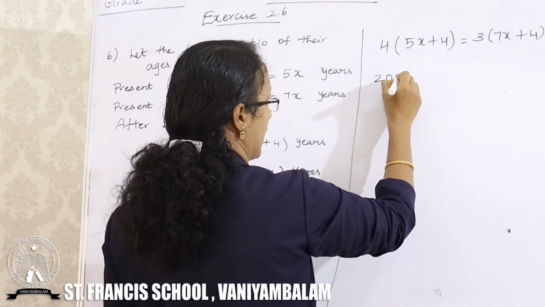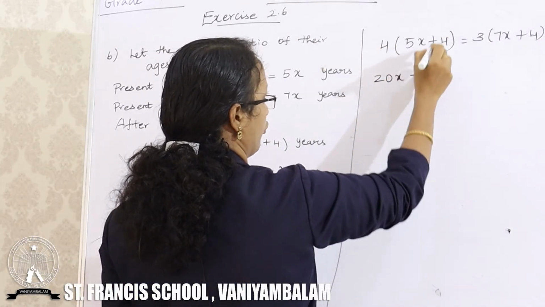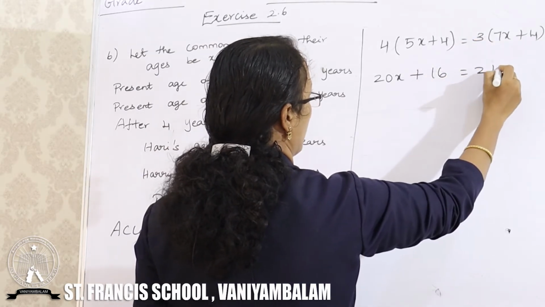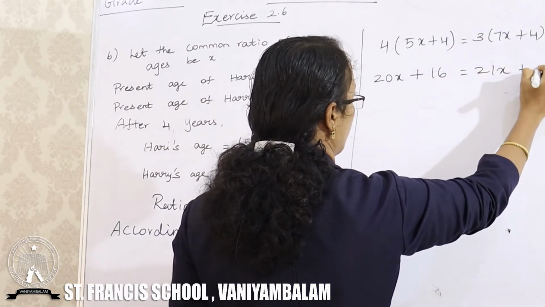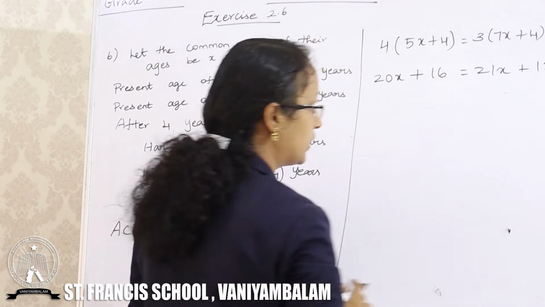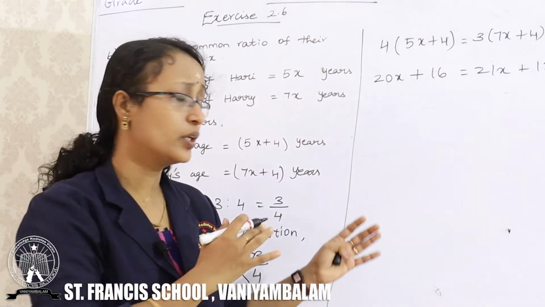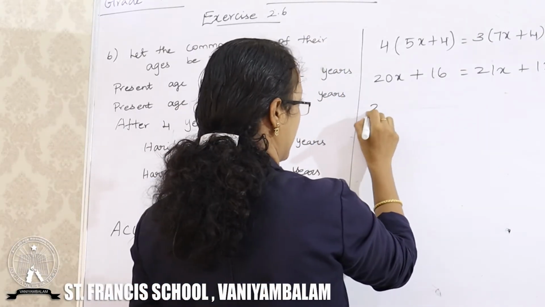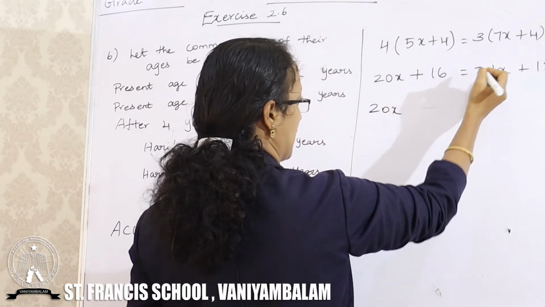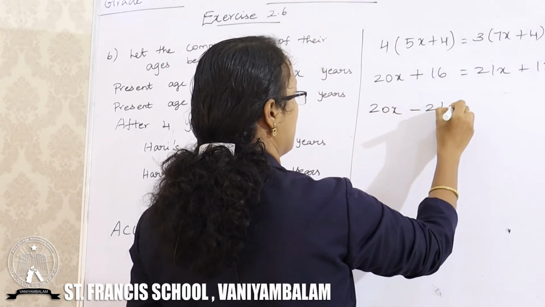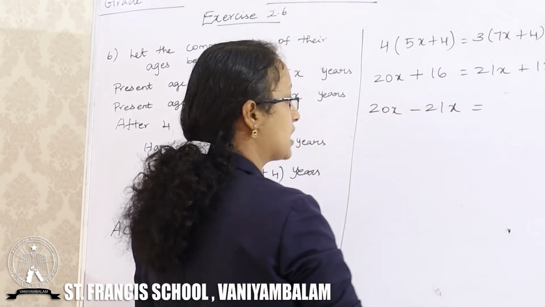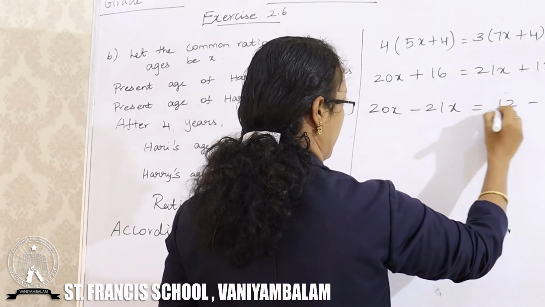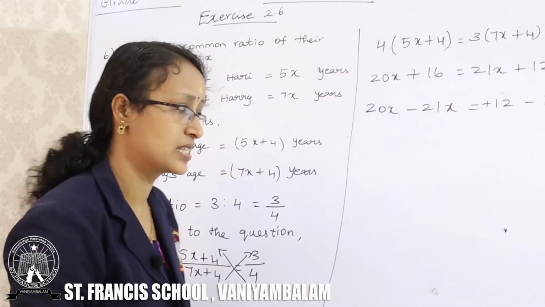So 20x + 16 and 3 into 7 is 21x + 3 into 4 is 12. You will take the x on one side and constants on the other side. So 20x - 21x, when it comes here, is equal to 12 - 16.